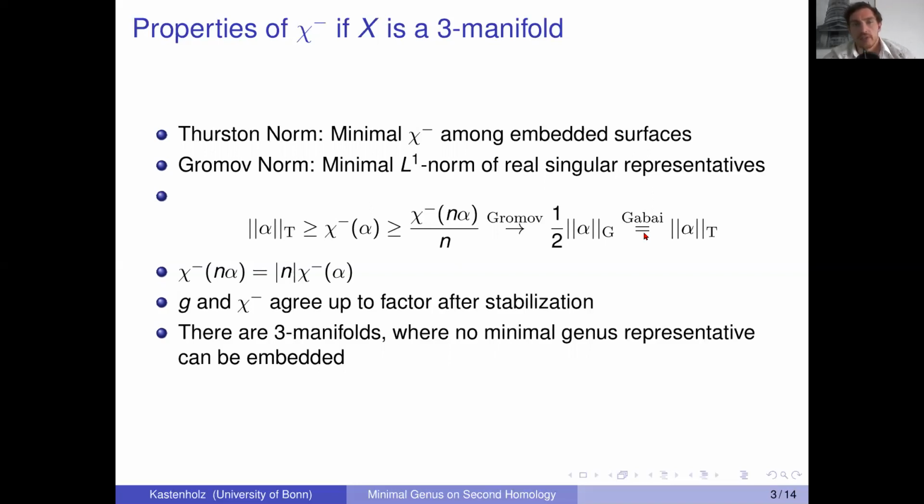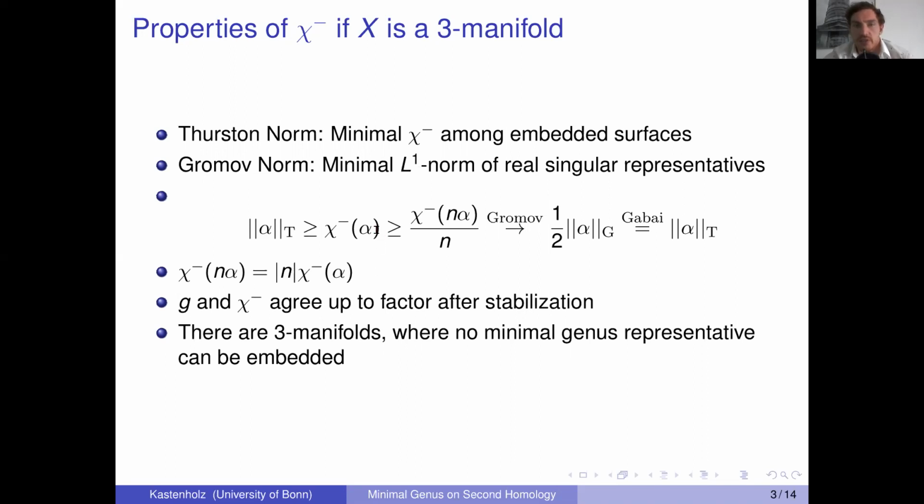There's also a related invariant called the Gromov norm, which is the minimal L1 norm of real singular representatives of my homology class. Then there's this quite long chain of inequalities and a limit, which starts with the Thurston norm on the left-hand side, which certainly is bigger or equal than chi minus, just because chi minus is a minimum over a bigger set.